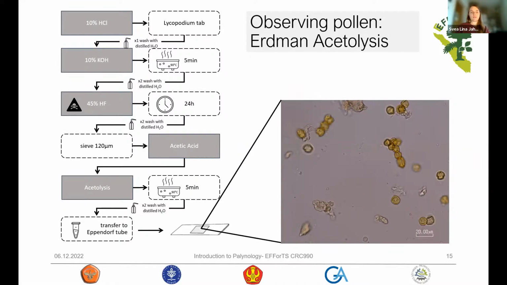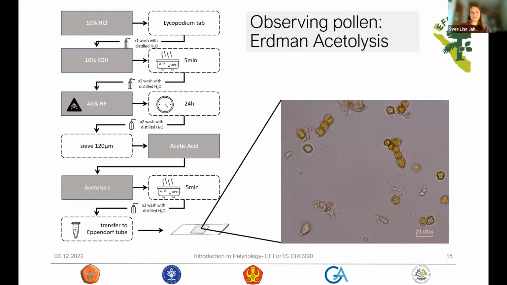For example, if we have a lot of silica in our samples, which can happen when you take samples from soil. Hydrofluoric acid, I think you might know, is one of the strongest acids we find in general. However, it actually doesn't break down sporopollenin, so our pollen wall remains intact even though we use all of these very strong acids.